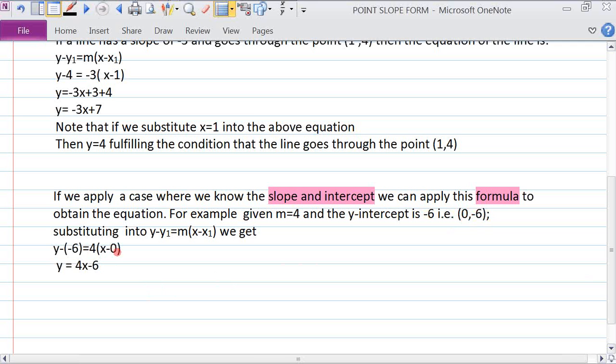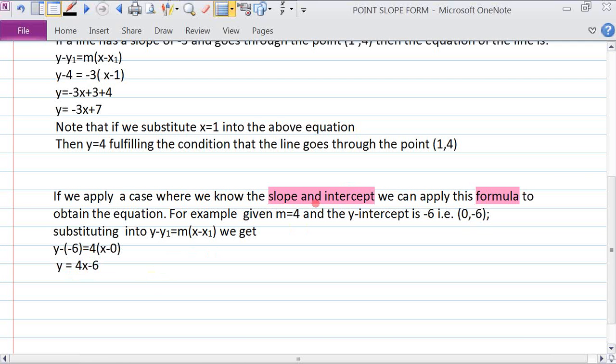So we put 0 into the x1 right here. So 0 goes into the x1, and minus 6 we substitute into the y1. So we get y equals 4x minus 6.